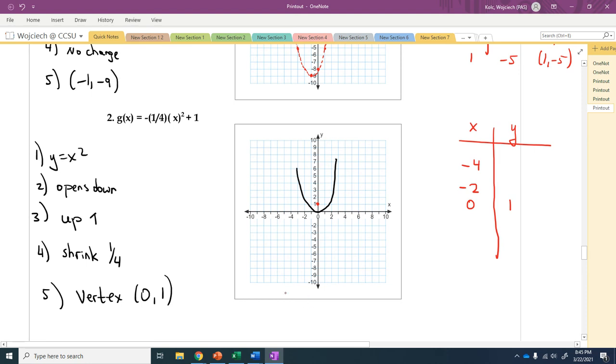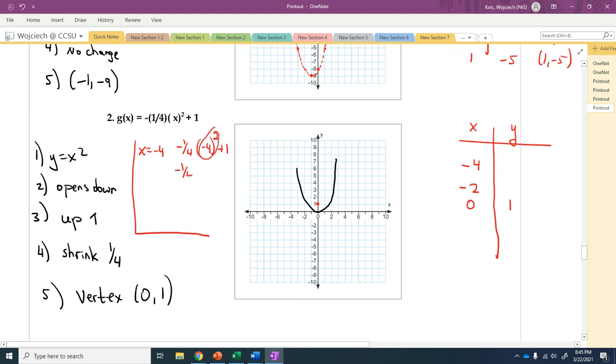So let's start with -4. What happens when x is -4? You get -1/4 times -4 to the second plus 1. Now think about the word PEMDAS. First we do what's in parentheses. What's -4 times -4? Positive 16.